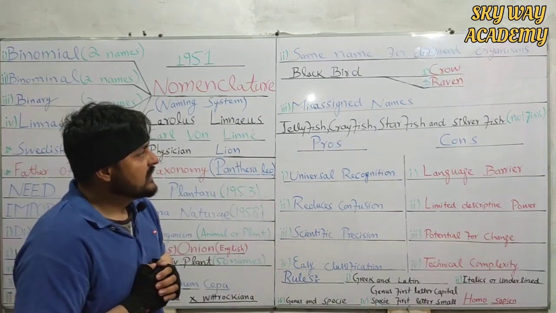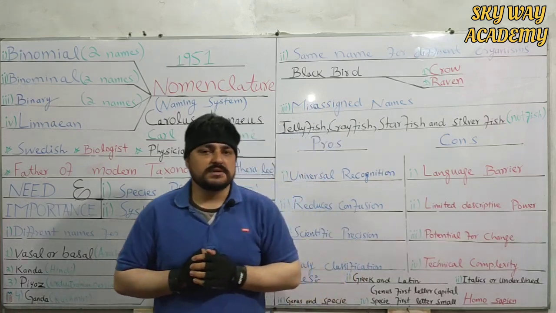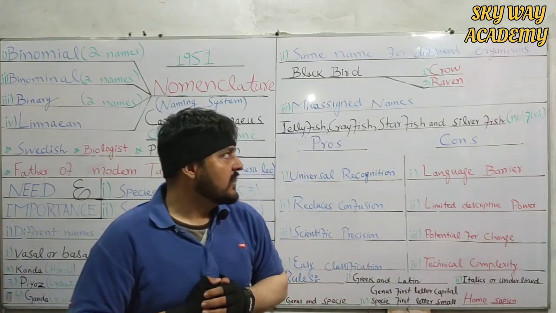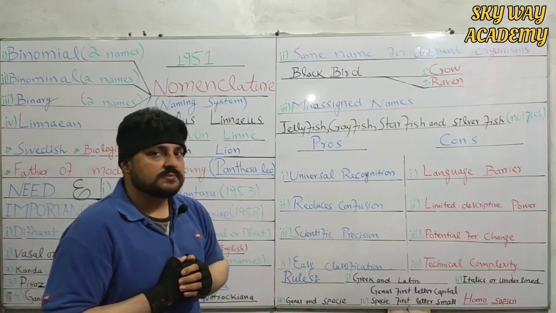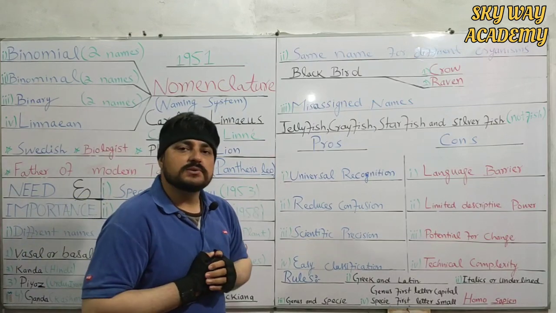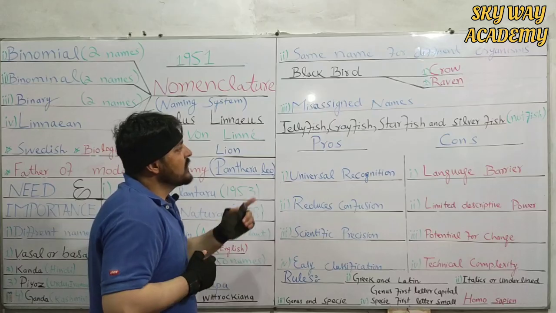We know now scientifically that crow and raven are two completely different species, but due to their similar looks, people have confused them and considered them one species. They are not one species, as you can see from the differences in this picture.